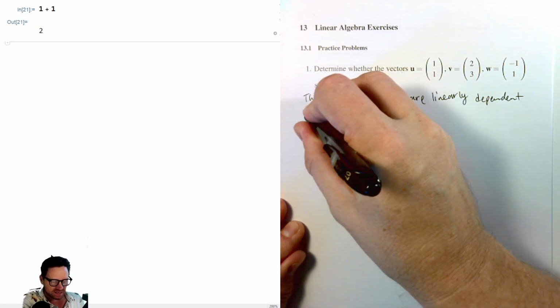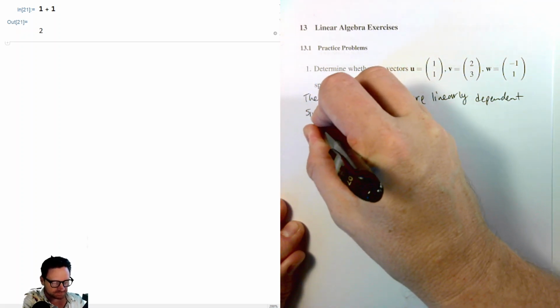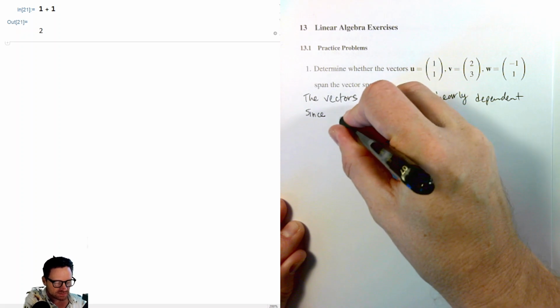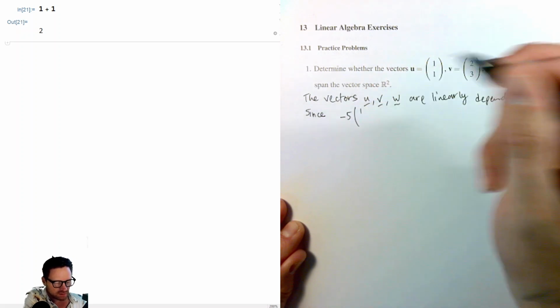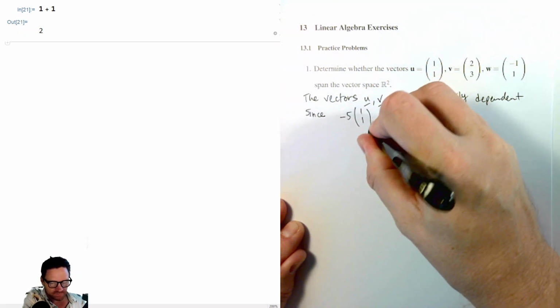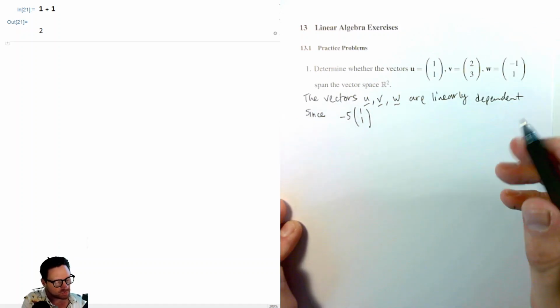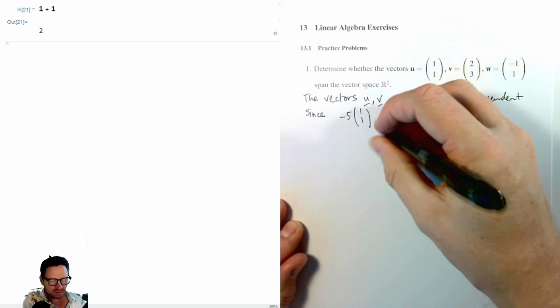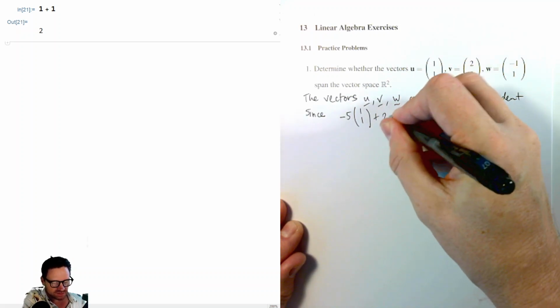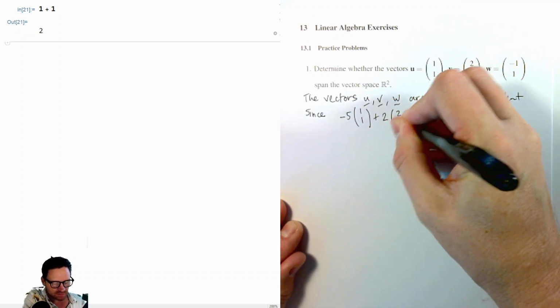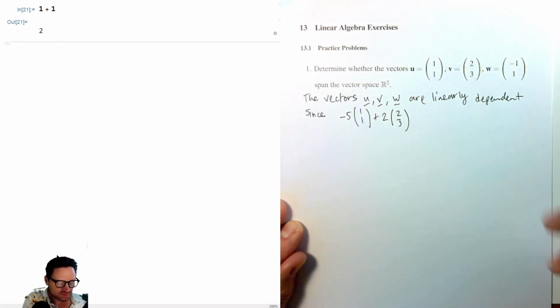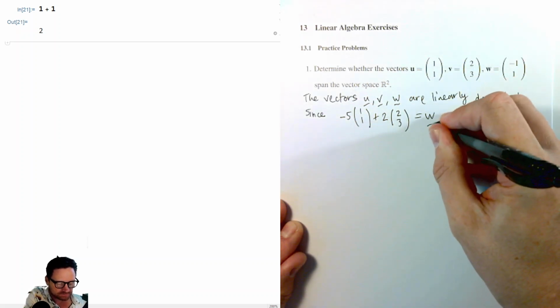So let's say specifically why, since minus 5 times the first one, and you can just see this by guessing, or you can find this by solving for alpha and beta, plus 2 times the second one equals w.